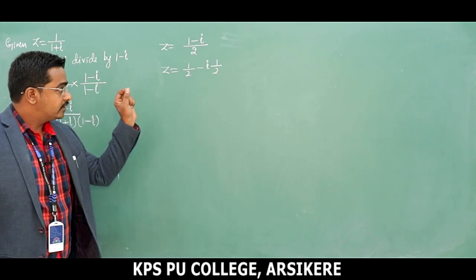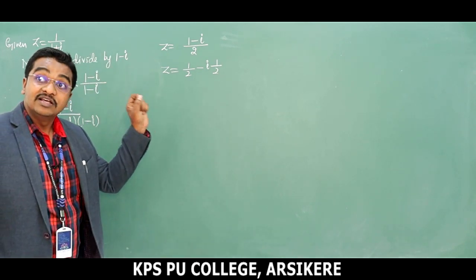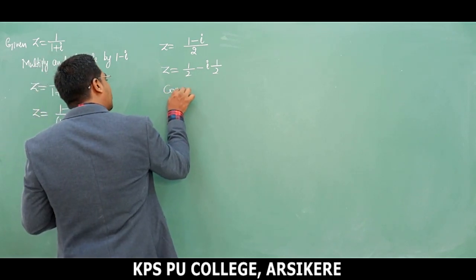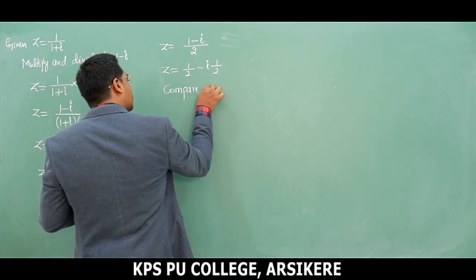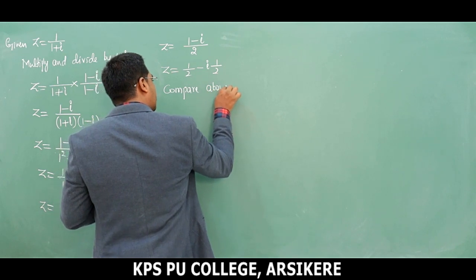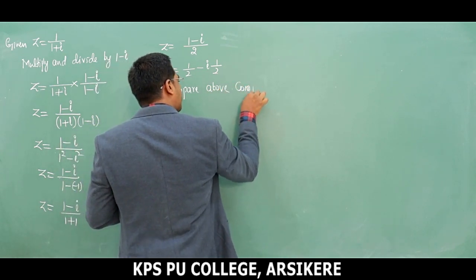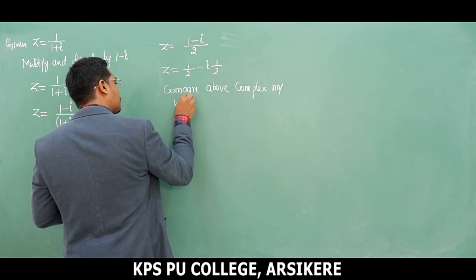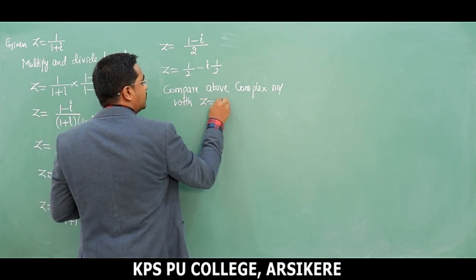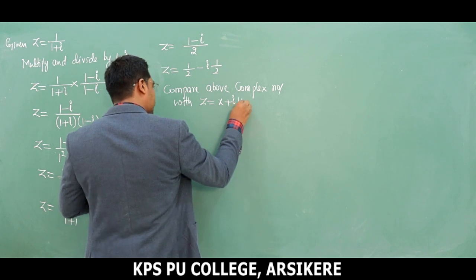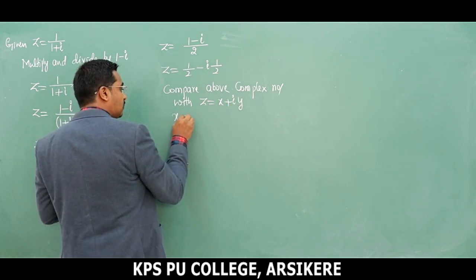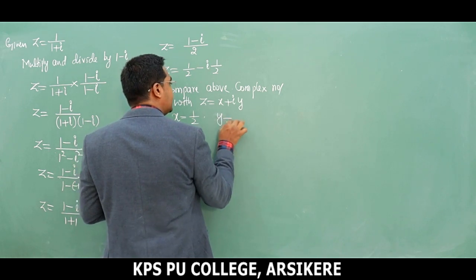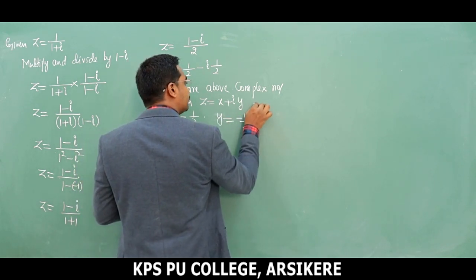Now compare this complex number with z is equal to x plus iy. We get x is equal to 1 by 2 and y is equal to minus 1 by 2.